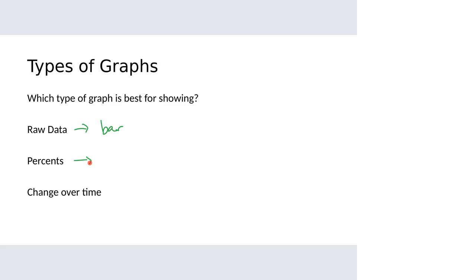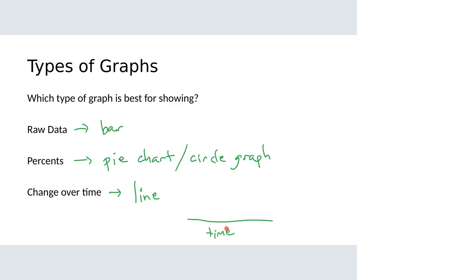If we want to see percents or comparisons between percents, that's when a pie chart or circle graph, you could call it either one, is the best choice. And if we want to see change over time, that's when a line graph is the best choice, where we'll have our time down here along the x-axis, and we'll see things go up and down over time.